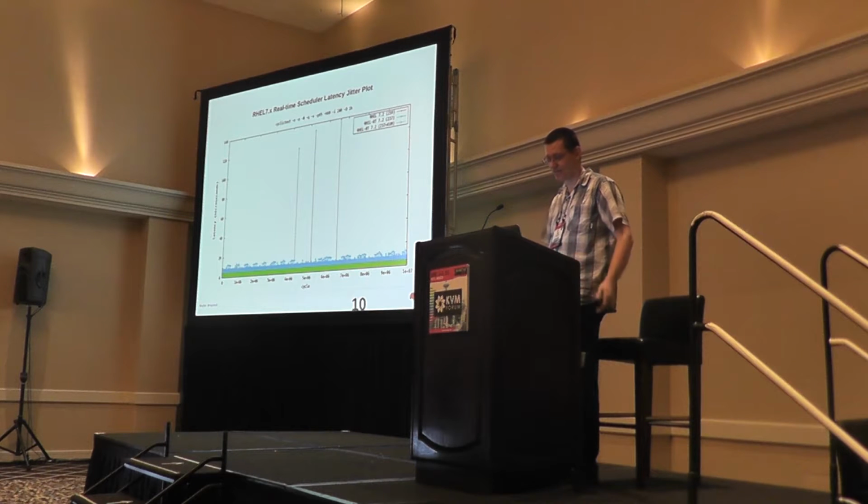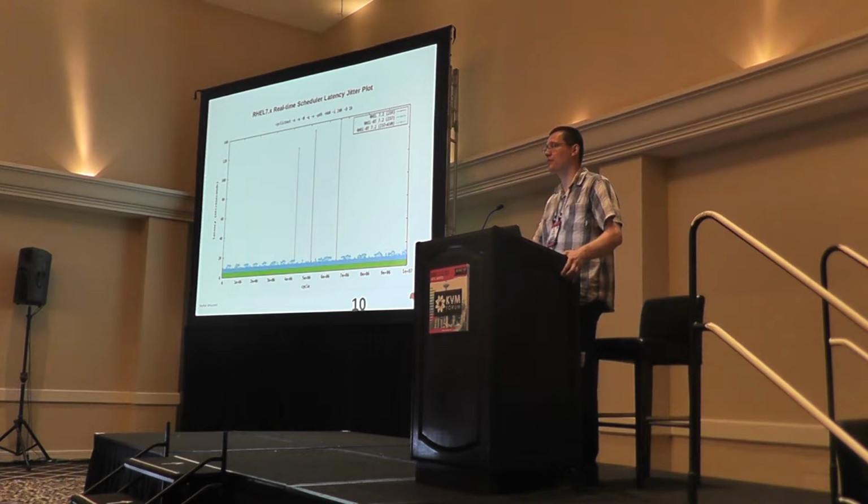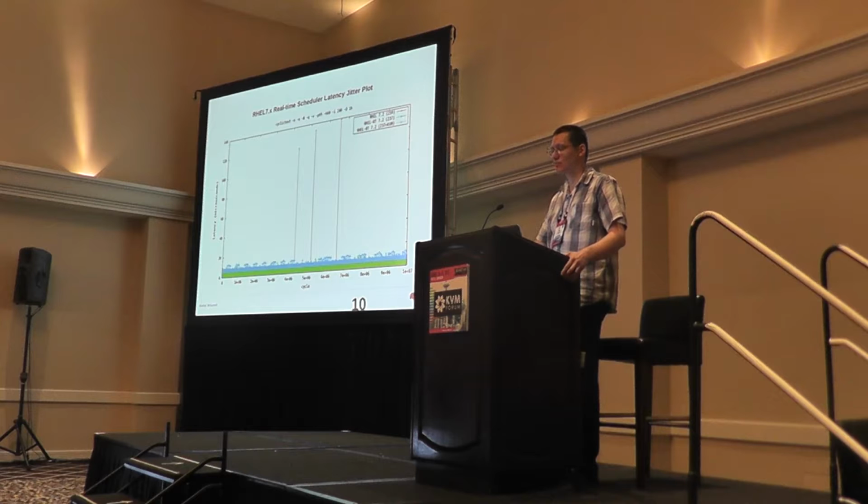That's the blue line. The average latencies on the real-time KVM setup are almost certainly going to be higher than the average latencies on even a non-real-time kernel on bare metal. But again, it's the maximum latency that is really important, because every single request that comes in needs to be handled within a certain deadline.